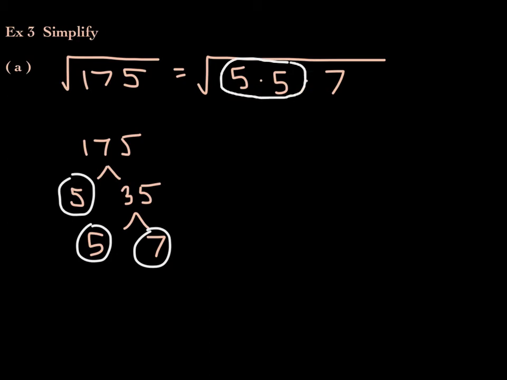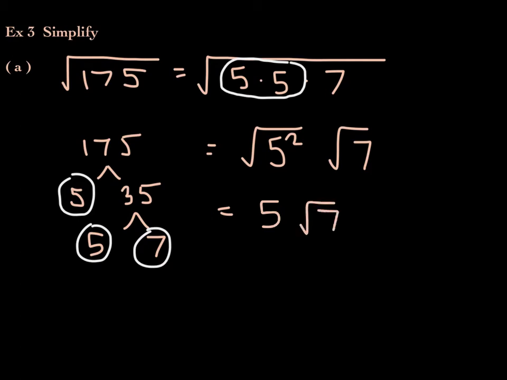And so notice that this is basically the square root of 5 squared times the square root of 7. So I did two things at once. I used the product rule, and then I also rewrote 5 times 5 as 5 squared. So this is just 5 times the square root of 7. So this is how to use prime factorization and a factor tree to help you simplify.